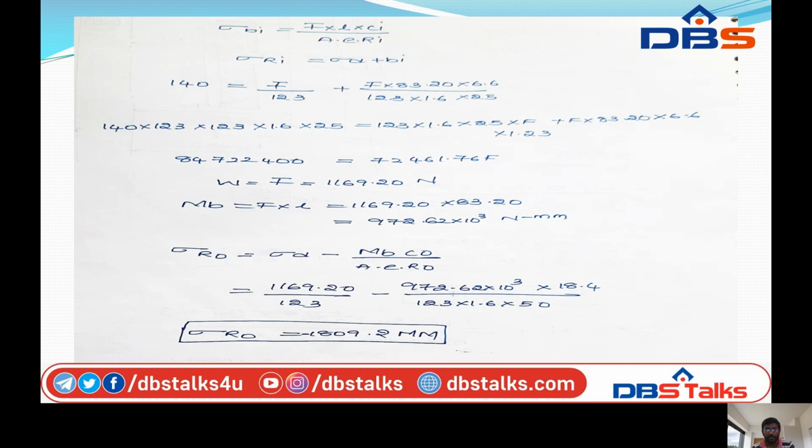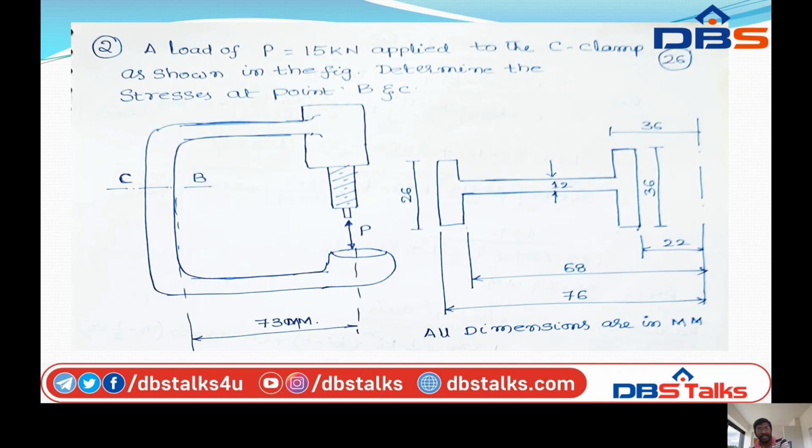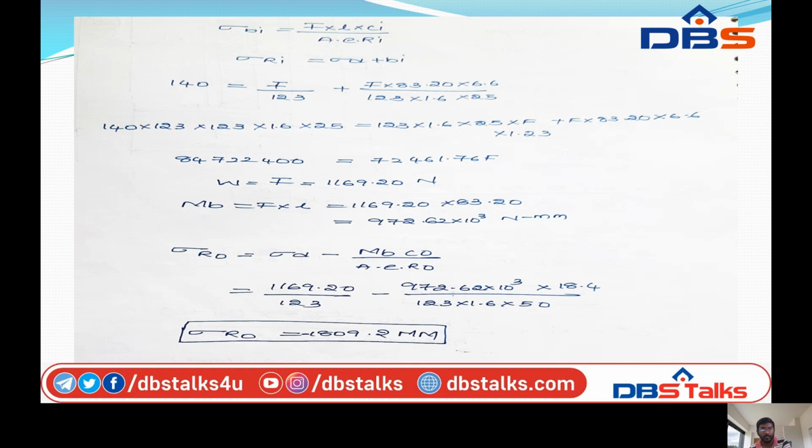We can calculate the sigma R naught, that equal to minus 1809.2 mm. So this is the final result of the problem.